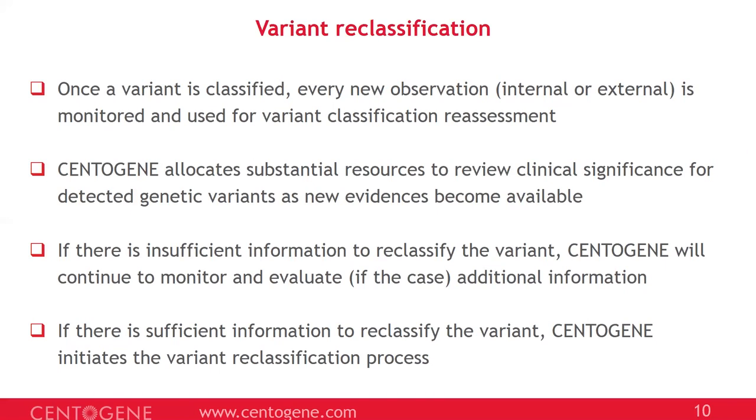If there is insufficient information to reclassify the variant, CENTOGENE will continue to monitor and evaluate if additional information becomes available. But if there is sufficient information to reclassify the variant, CENTOGENE initiates the variant reclassification process.